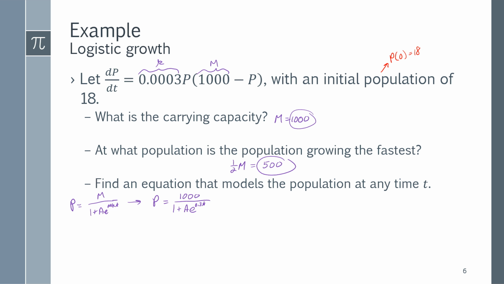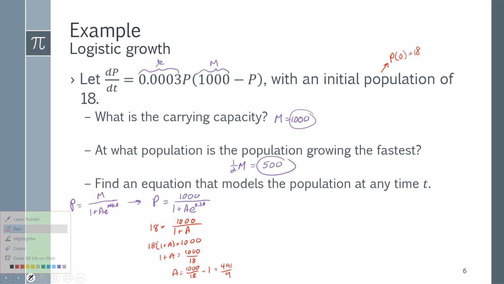So if I plug 0 in for t, 0.3 times 0 is 0, e to the 0 is 1, A times 1 is A. So I've got 18 equals 1,000 over 1 plus A. By cross multiplying, divide both sides by 18, subtract 1 from both sides, which is going to give me 491 ninths.